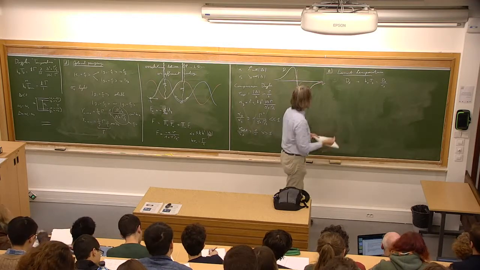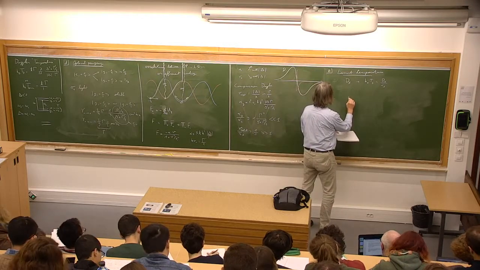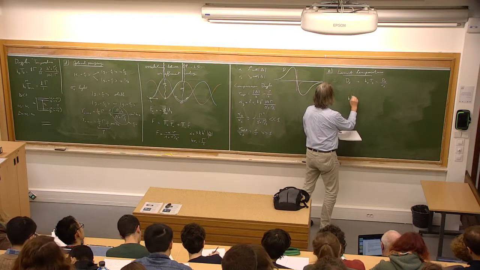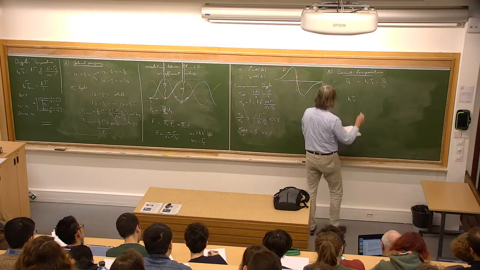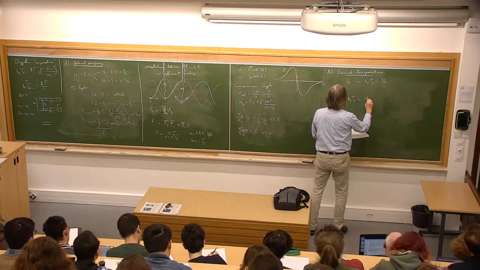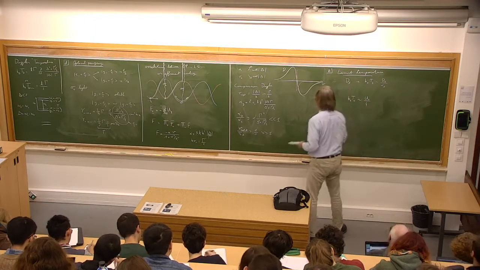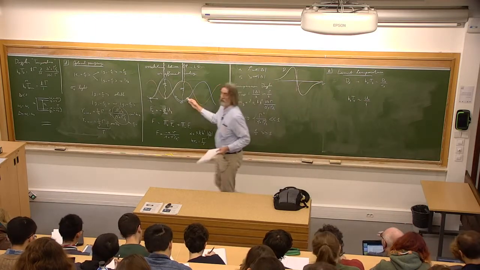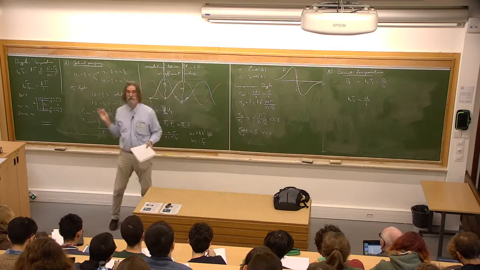And it turns out that at the end of the day, you end up with something which is U0 divided by 4, which is finally what I was drawing here.